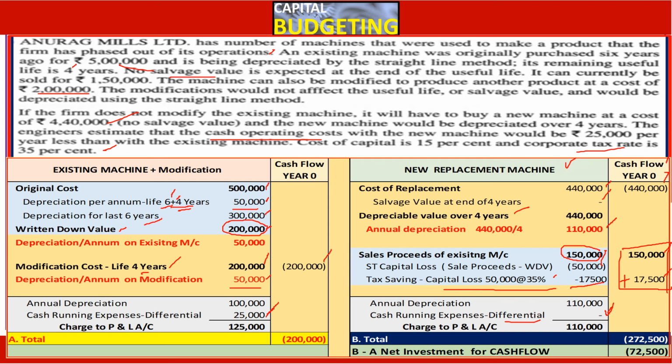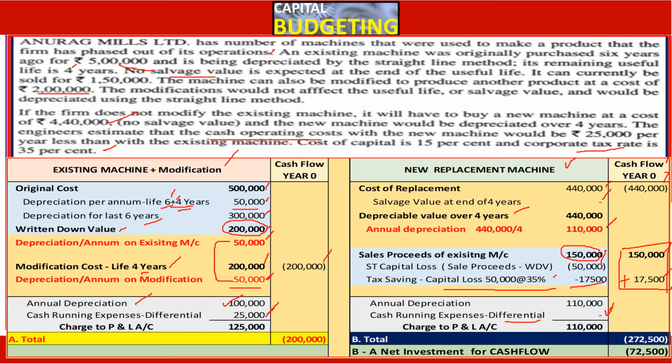Now this is the overall summary, and here if annual depreciation has to be considered, depreciation of the old machine, after modifying it another depreciation of 50,000, these two put together will be depreciation in respect of the first option of existing machine plus modification.